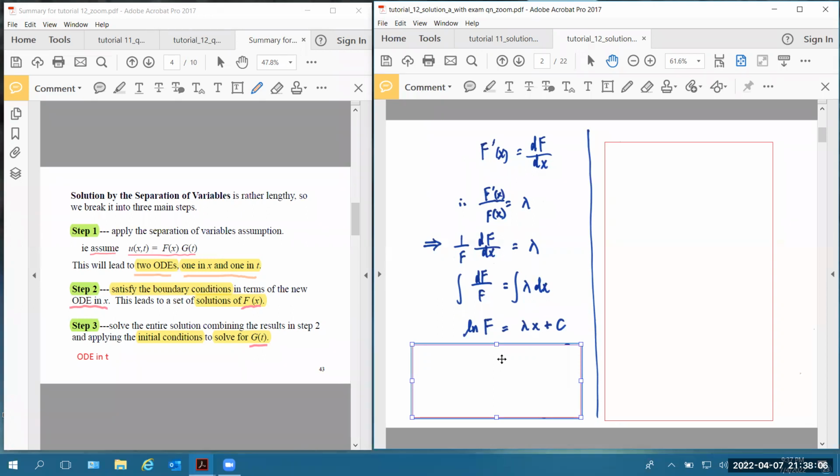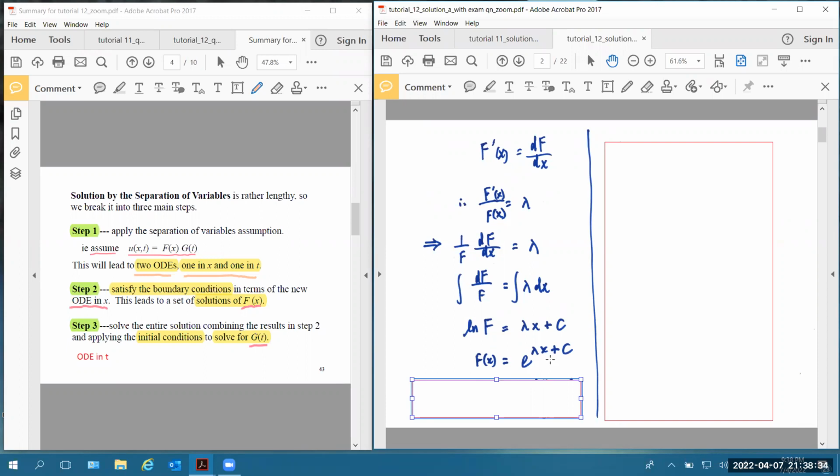All right, okay, now I think one more step to get the f. So our aim is to get the f. So ln f equal to this. So from the definition of ln, what does it mean? It means e to the power of lambda x plus c is actually equal to f. That's the meaning of the ln, right? So f x is equal to this.